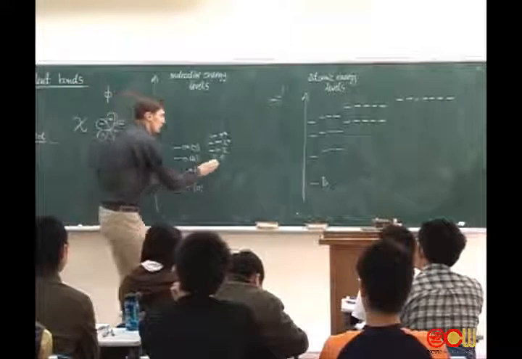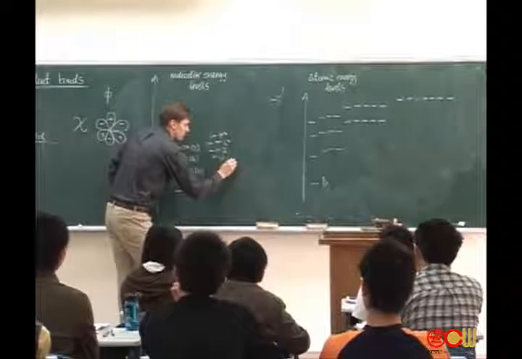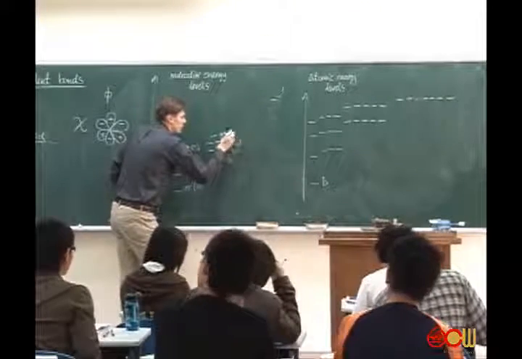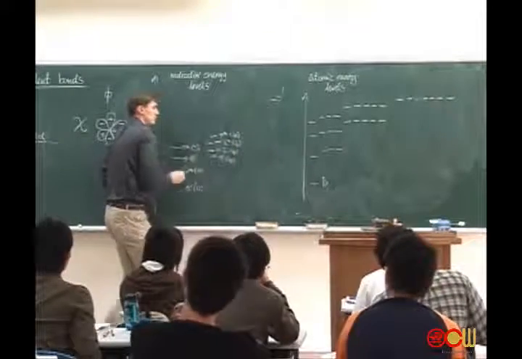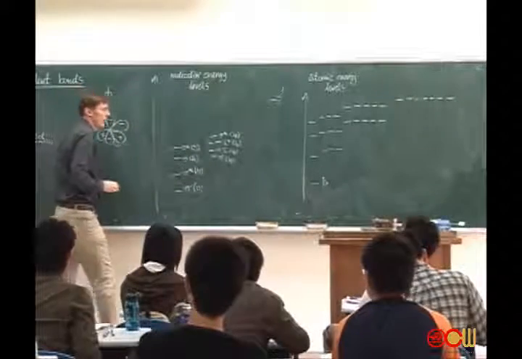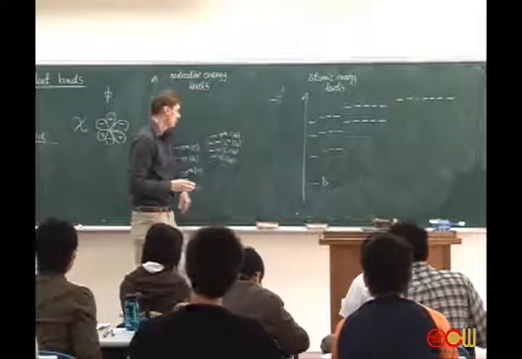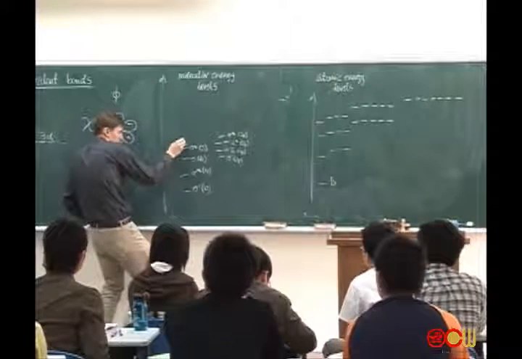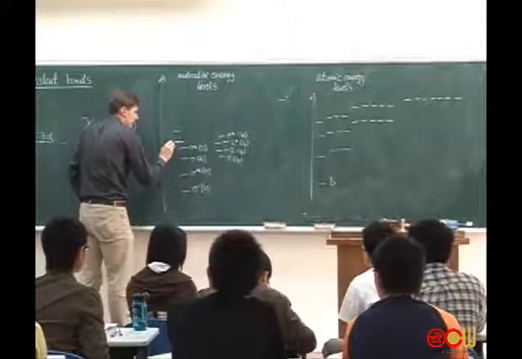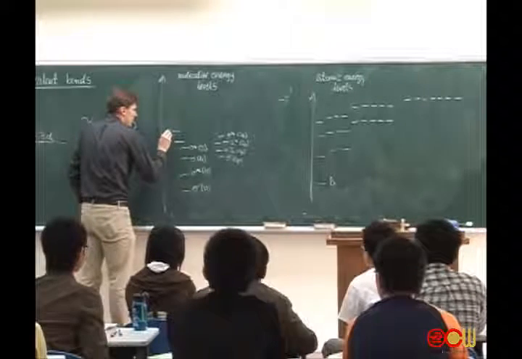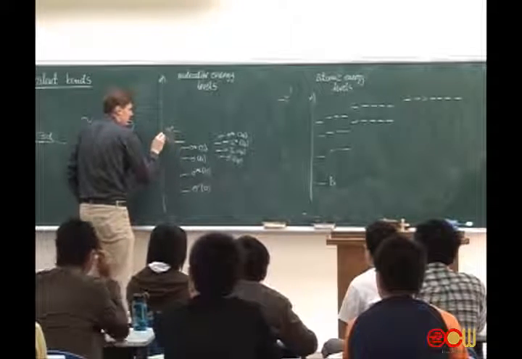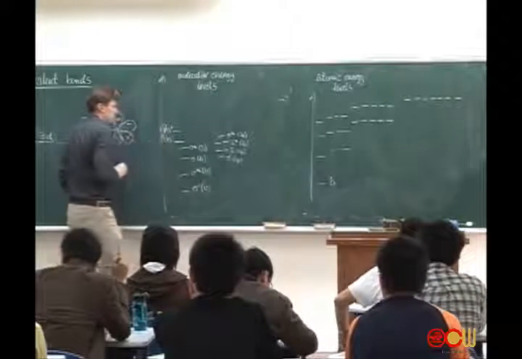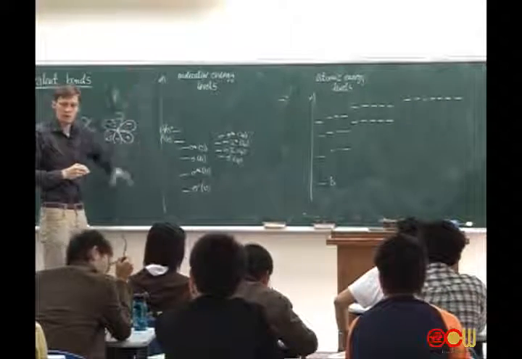And of course all of this is originating from 2p, 2p, 2p. Next one is 3s. 3s gives me around here sigma, sigma antibonding from 3s. And so on and so on.